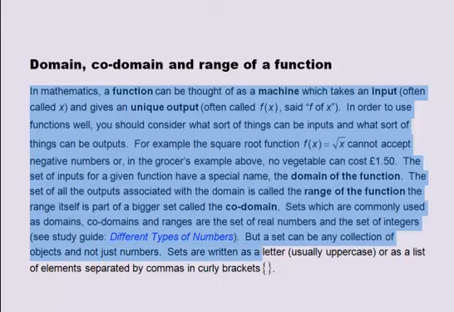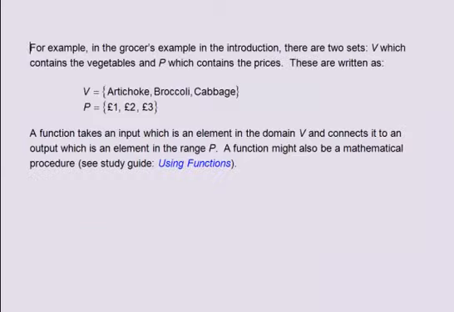Sets are written as a letter, usually uppercase, or as a list of elements separated by commas in curly brackets, such as this. For example, in the grocer's example in the introduction, there are two sets, V, which contains the vegetables, and P, which contains the prices.